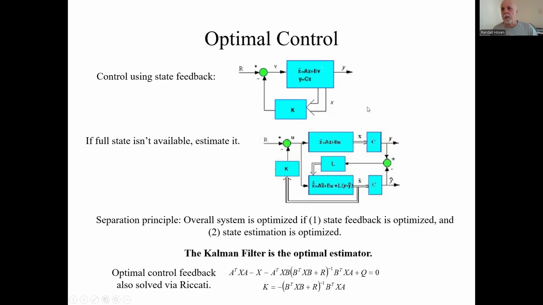And speaking of which, in control systems, you have this system here. You have feedback control. If you have access to the entire state vector, you can do what they call state feedback control, and you could come up with an optimal gain K that optimizes the performance of the feedback system.